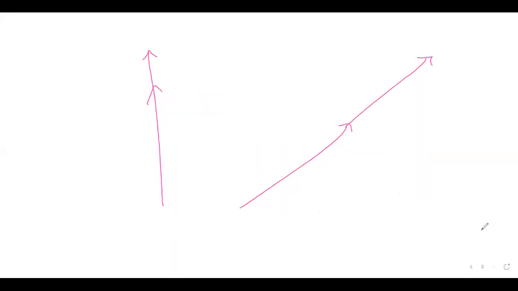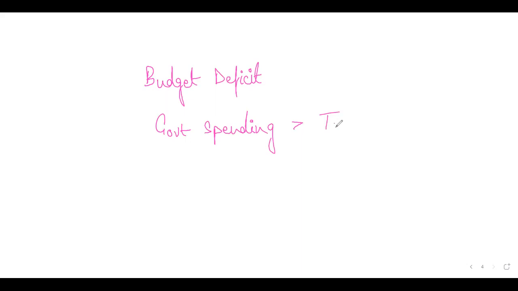When G is reducing, what is budget deficit? Your budget deficit is basically when spending is more and revenue through taxes is less. So government spending is more and taxes are less.